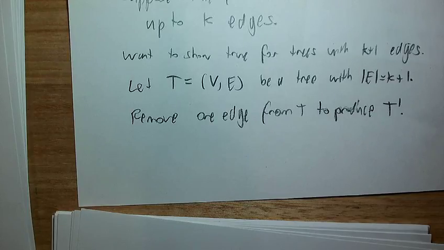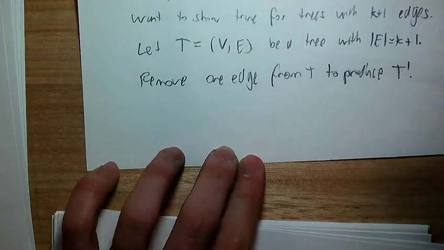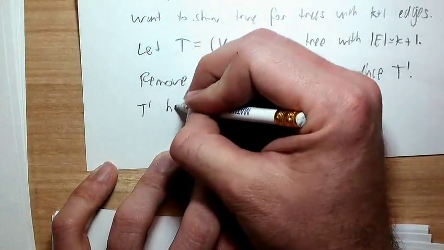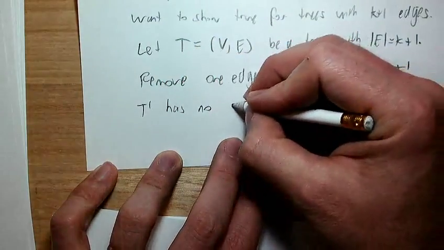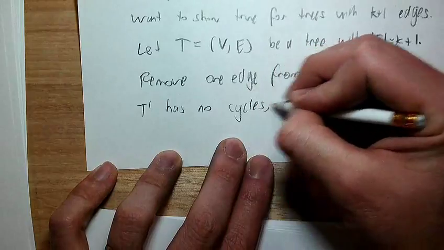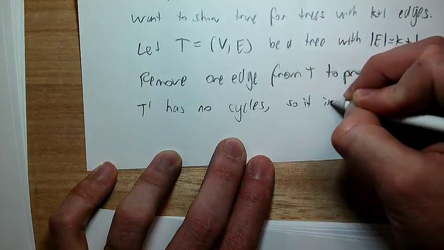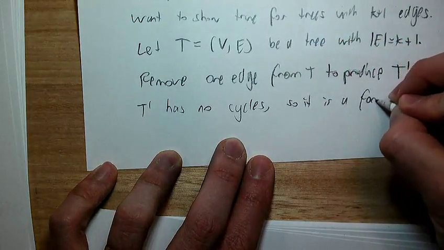So I can't make cycles by removing edges. So T dash has no cycles, so it is a forest.